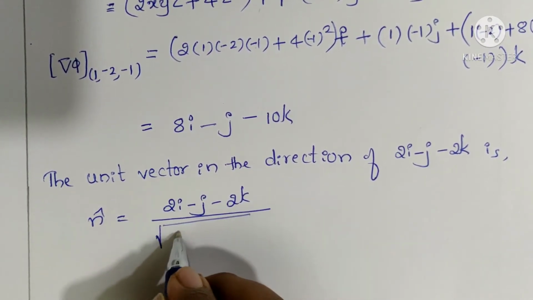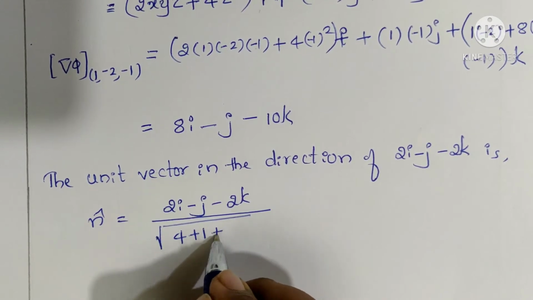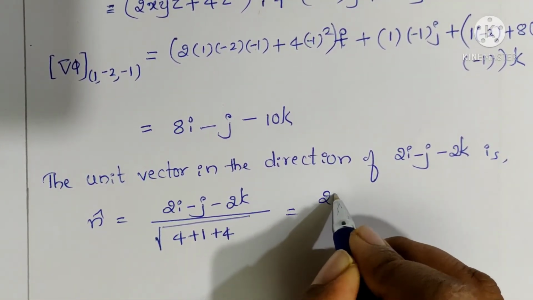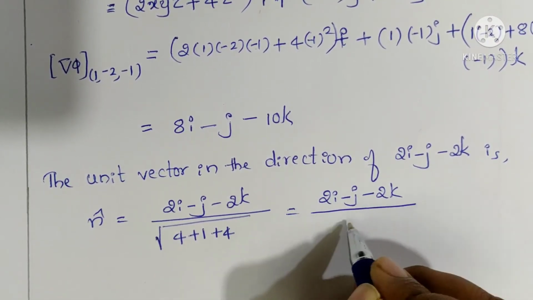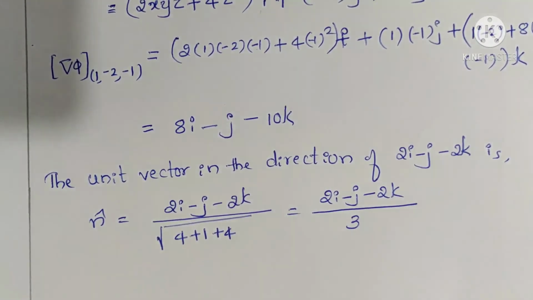So it is 2 square, 4, plus minus 1 whole square is plus 1, minus 2 whole square is again 4. So it is 2i minus j minus 2k whole divided by square root of 4 plus 4, 8, plus 1, 9. So it will be 3.